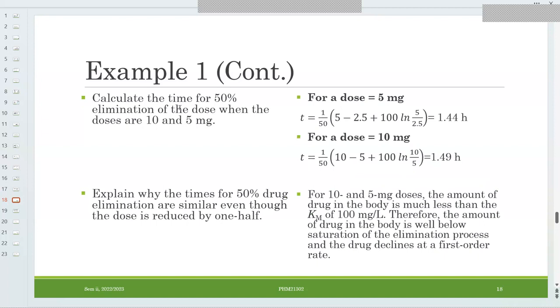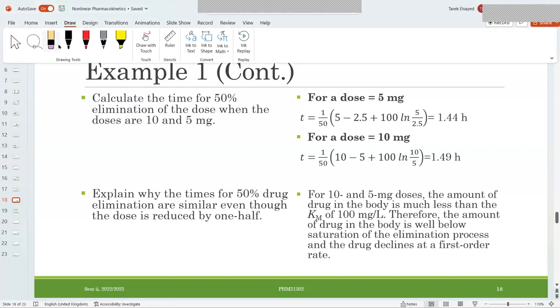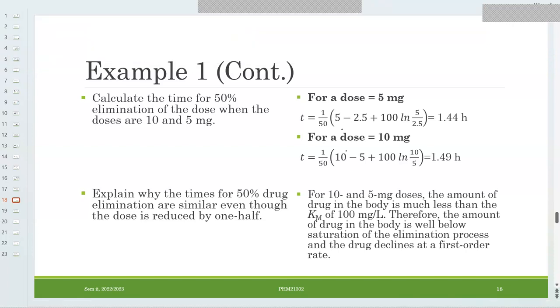Okay. For the same example, also calculate the time for 50% elimination of the dose when the dose is 10 and 5. So 10 means D1 is 10 and D2 is half, which is 5. And 5 means decrease by 0.5, so the second amount is half, 2.5.